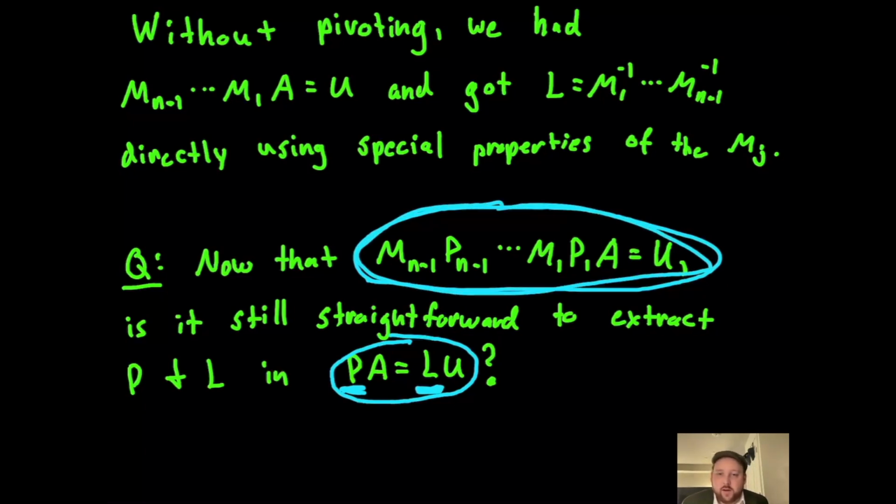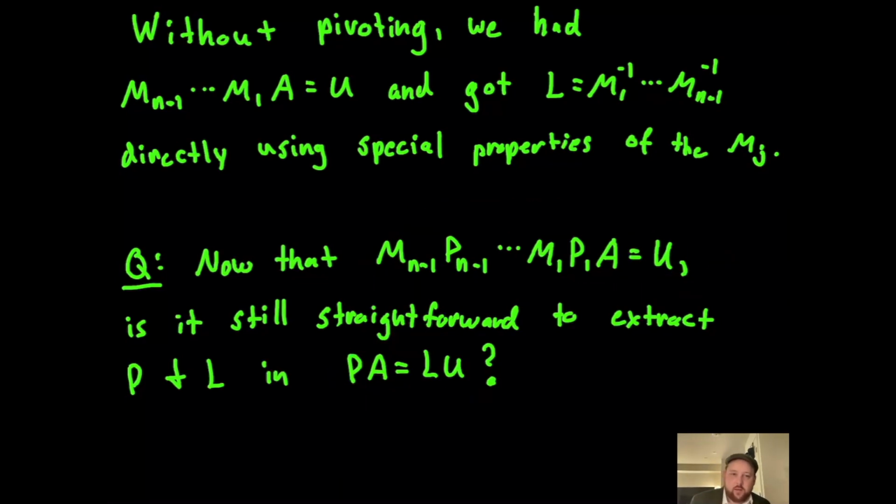Is it easy or is it not easy? The answer is yes, it is straightforward to extract the P and the L. However, there's a caveat: it's not immediately obvious why it's easy, but it is. And I'll show you on the next slide.